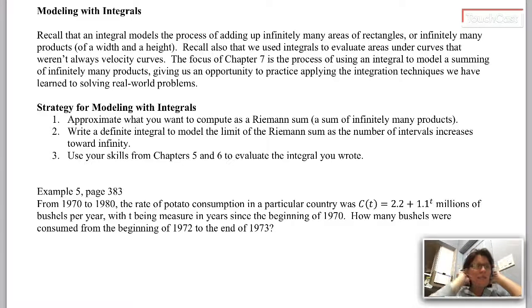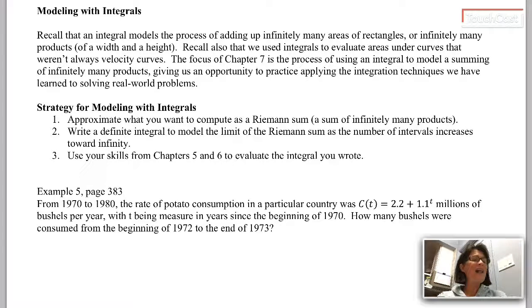Remember that integrals are just a way of saying that I want to add up the areas of infinitely many rectangles, or add up the sums of infinitely many products of 2 or more things.